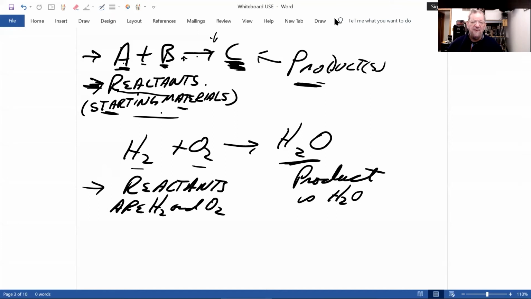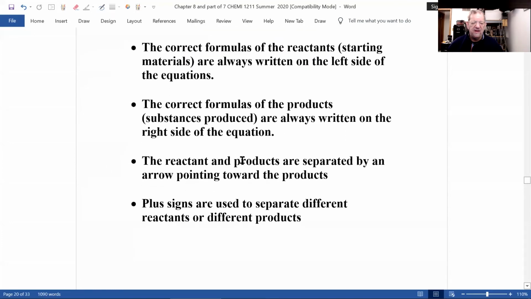And use proper chemical formulas. It has to be true to the data. The reactants and products are separated by an arrow, and the arrow is always pointing to the products. Plus signs are used to separate different reactants or different products, which I just showed you.